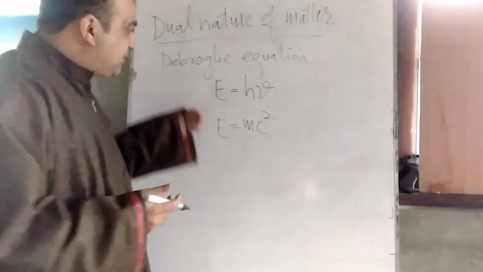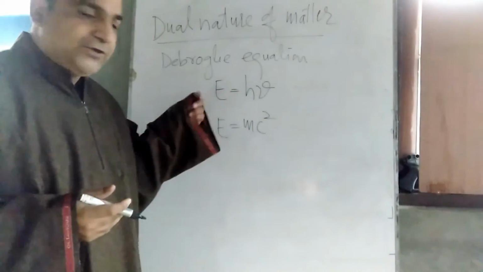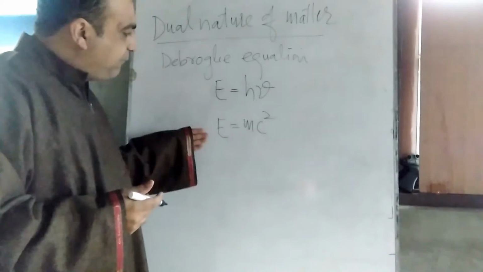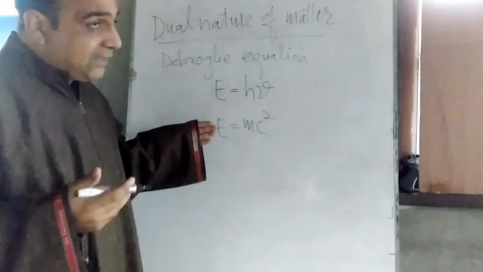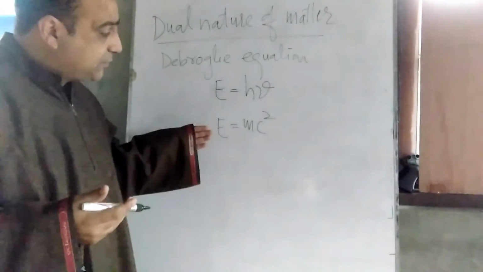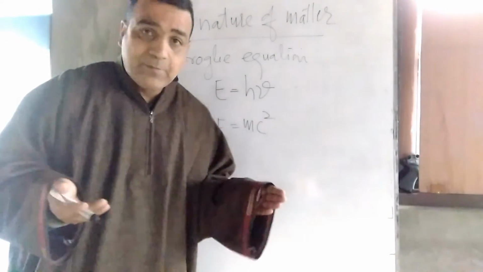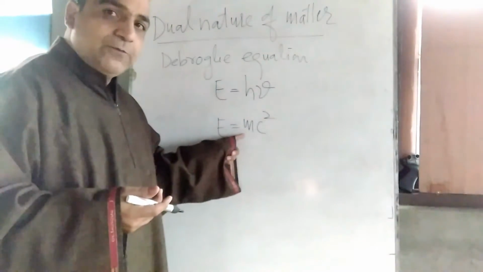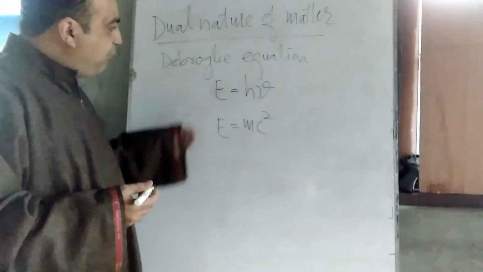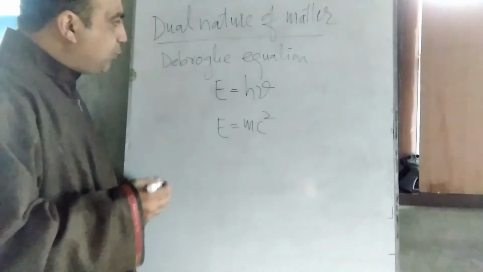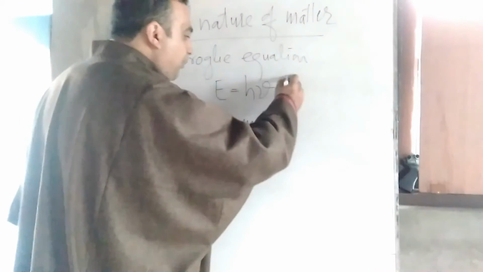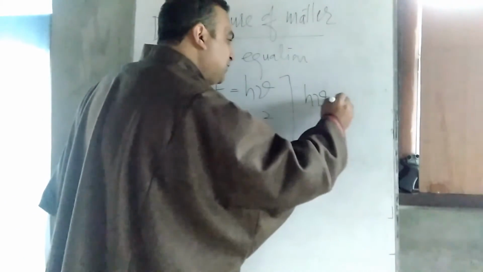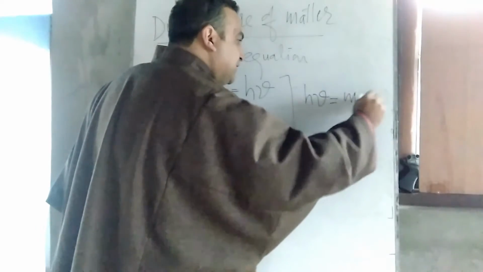The first is Max Planck's equation, E equals h nu, and for the same photon, assuming it has mass, because a moving photon has a mass, the energy is equal to mc squared. If we equate these two equations, we get that h nu must be equal to mc squared.